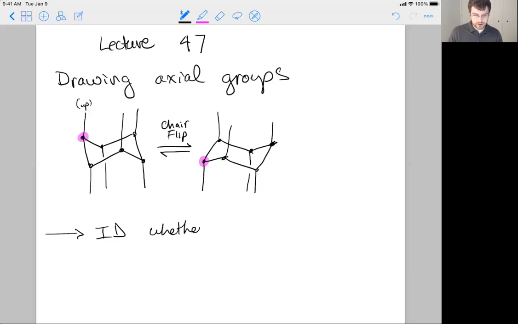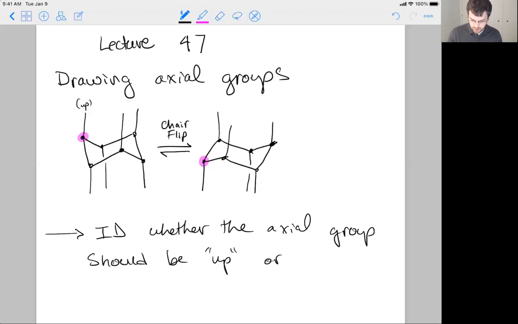So what you need to be able to do is identify whether the axial group should be up or down. So my trick, and I'm sure there are multiple tricks, just do what works best for you.